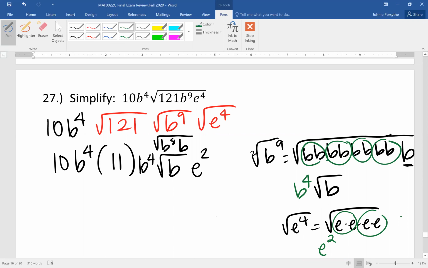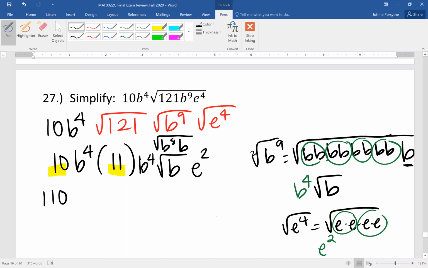Now, I've got a lot of stuff going on. Whatever is outside of the radical needs to be multiplied together, and whatever is left under the radical stays under the radical. So I've got 10 times 11, which is going to give me 110. So now b to the 4th times b to the 4th.